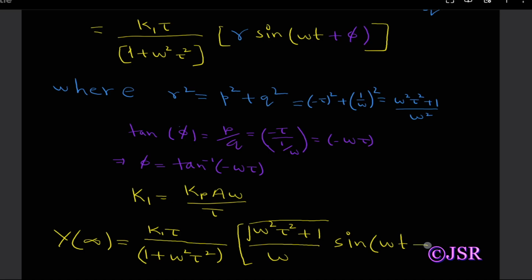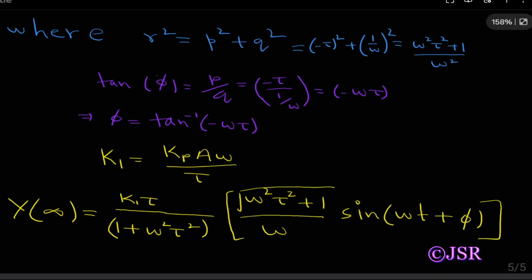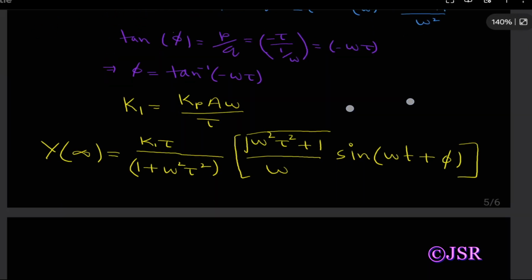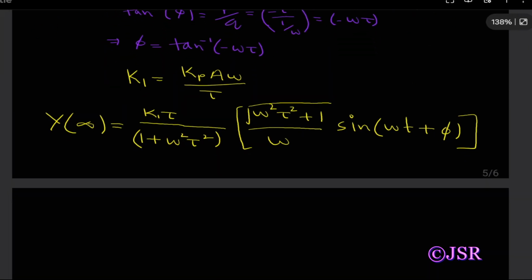This is the value of r, and then we have sine omega t plus phi. So this is the final steady state response for the first order system with a sinusoidal input.